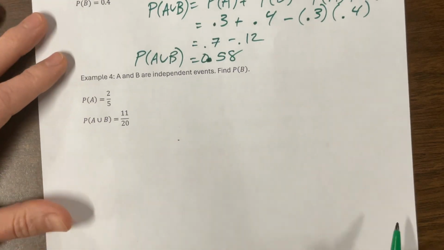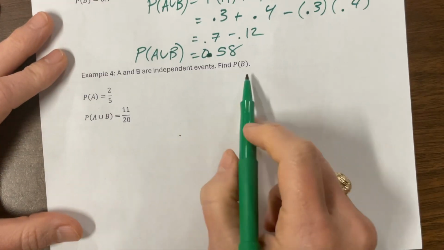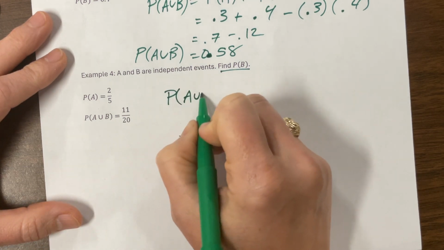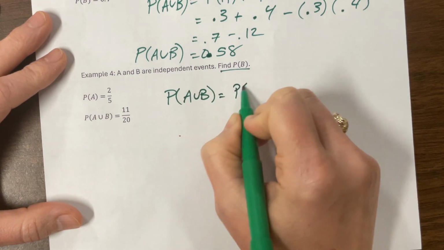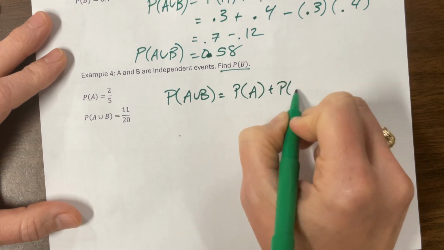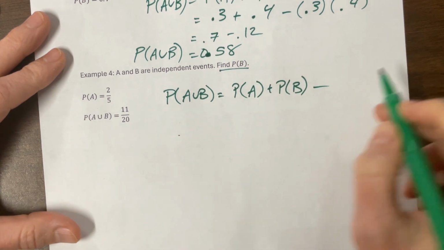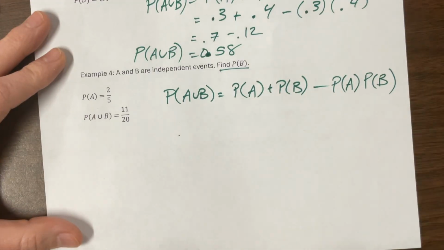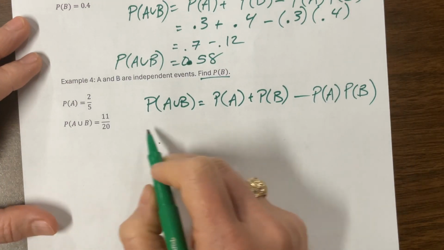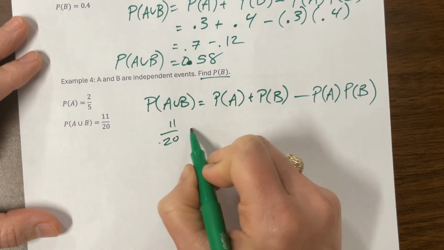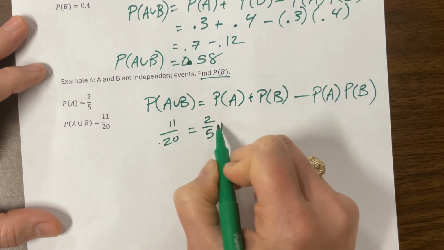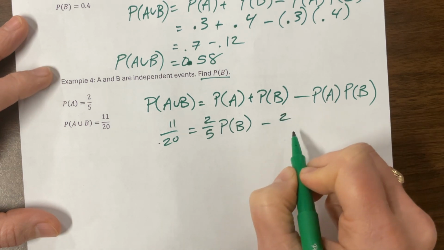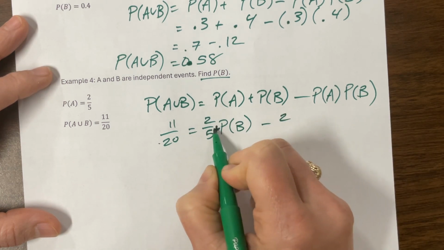And the last one we did was find the probability of B if they're independent. Well, we just said the probability of A union B is going to be equal to the probability of A plus the probability of B minus the probability of the intersection. But because they're independent, that's equal to this. I just didn't feel like writing it twice. What can I plug in? This is 11 over 20. This is 2/5. We don't know the probability of B. Oh, haha, I messed up. Did you see it? I forgot that plus sign.